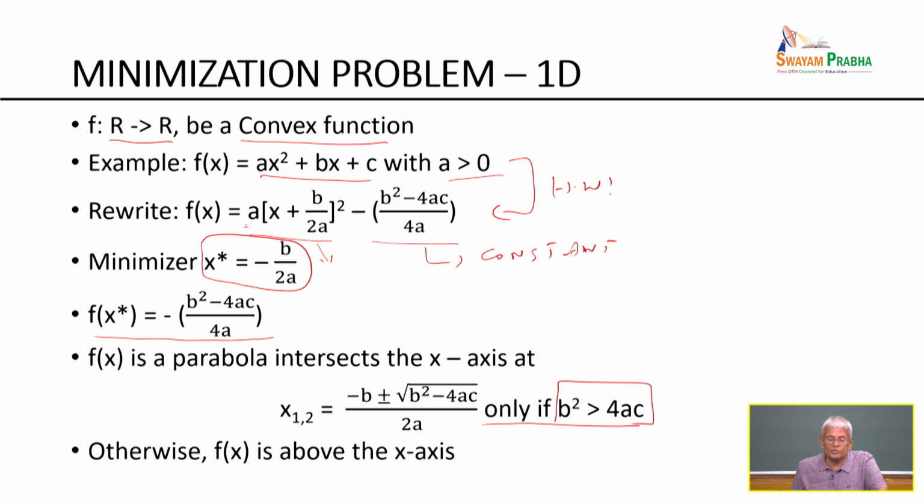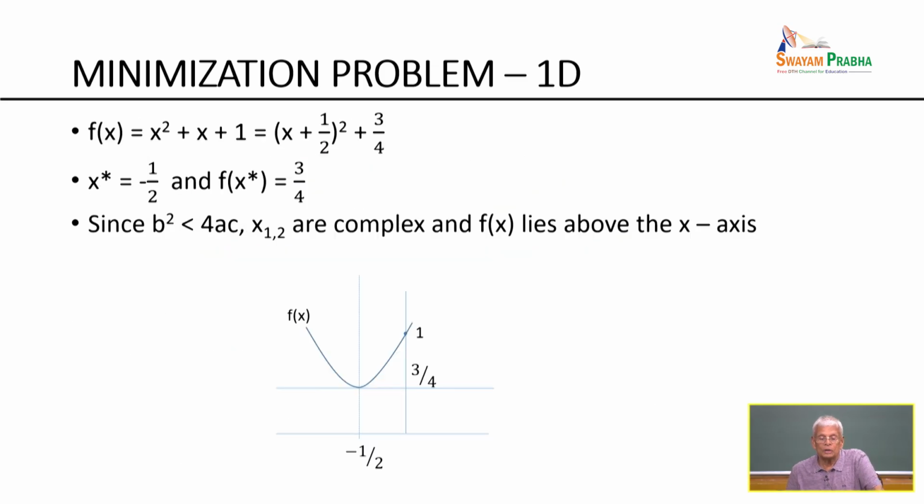I am now going to illustrate this by an example for those of you who I want to reinforce this intuition. So, f of x is equal to x square plus x plus 1; a is 1, b is 1, c is 1. I can express this as x plus half whole square plus 3 by 4. The minimizer is minus half, the value of the minimum is 3 by 4.